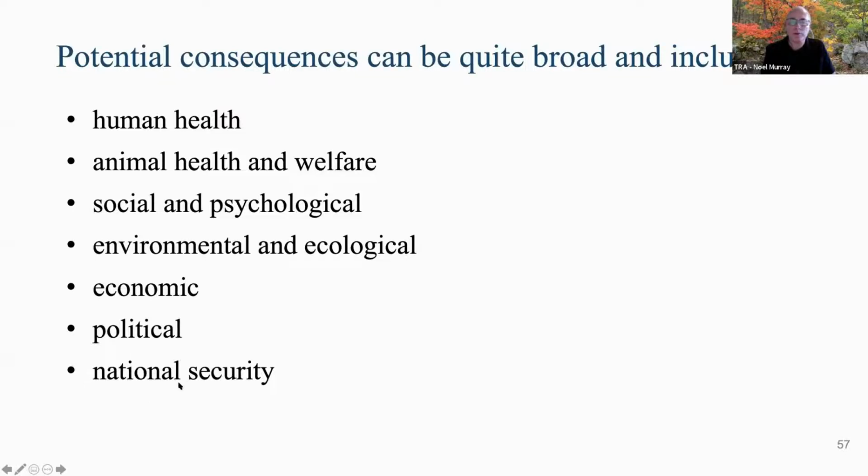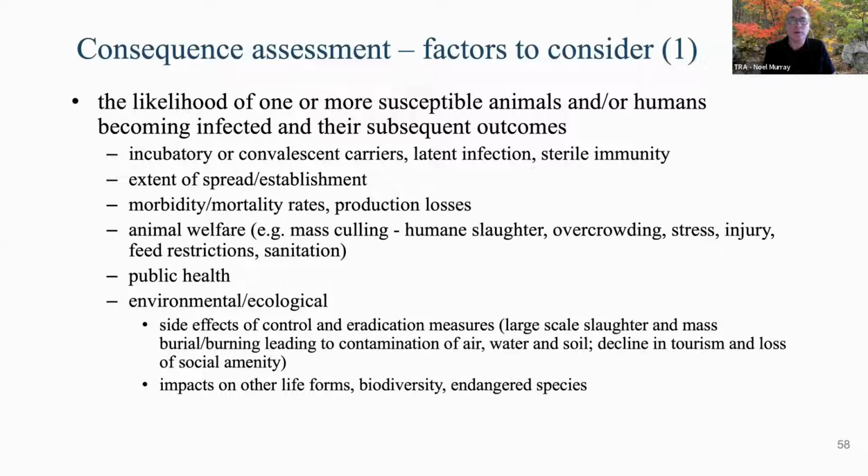And we'll just look at some examples of that in a moment. So factors to consider: what's the likelihood of one or more susceptible animals and or humans actually becoming infected, and what are the subsequent outcomes of that infection? And there's a range of factors that we need to take into account there.